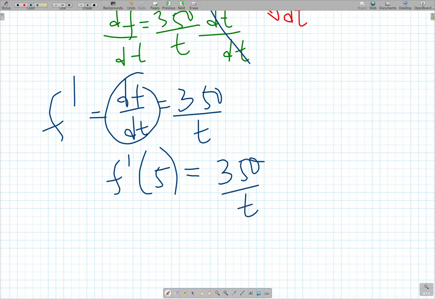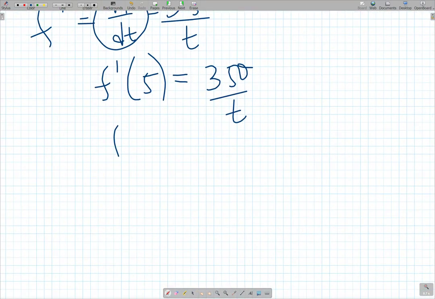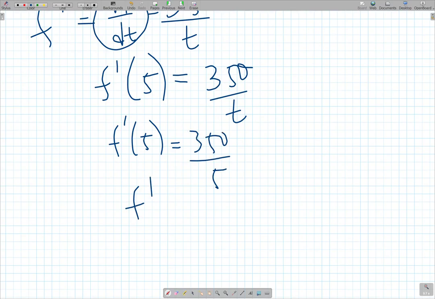Then, just substitute it. F prime of 5 is equal to 350 over 5. So, f prime of 5 equals 350 over 5. How much?